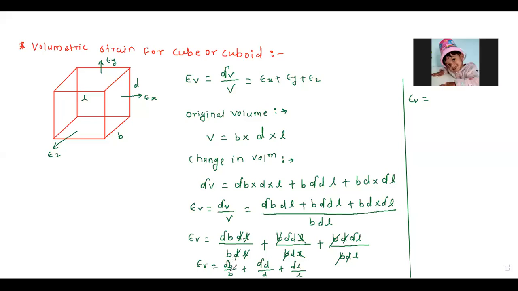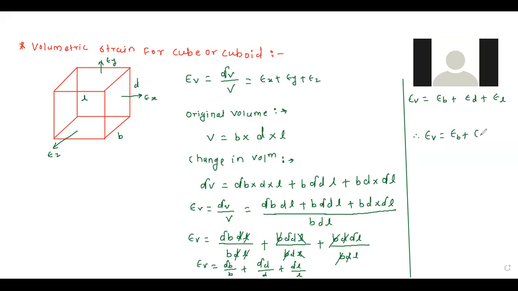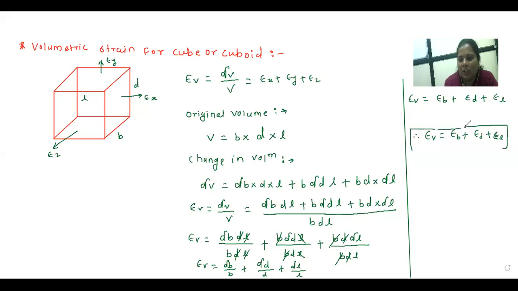Plus, del D upon D is change in depth to original depth, so this is epsilon D, plus change in length to original length, this is epsilon L. Therefore, the volumetric strain is equal to strain in width plus strain in depth plus strain in length. So this is the formula for finding out volumetric strain for a cube. Got it?